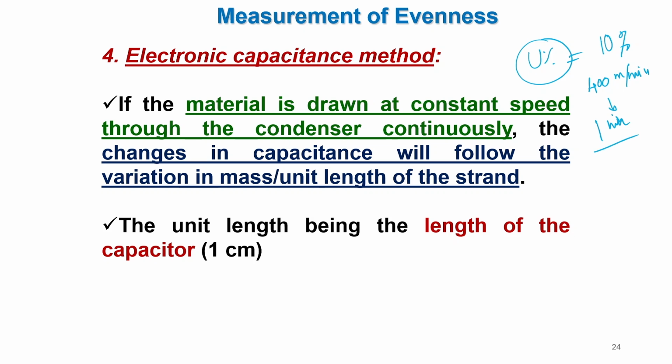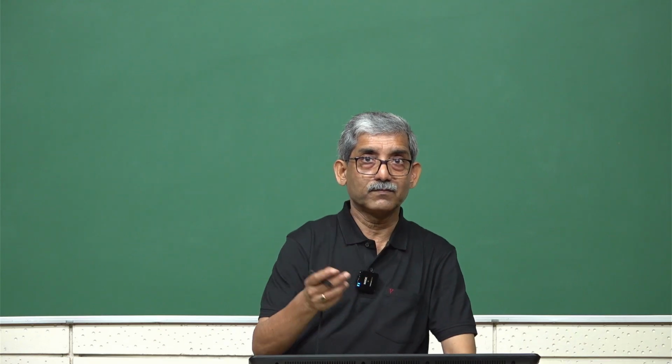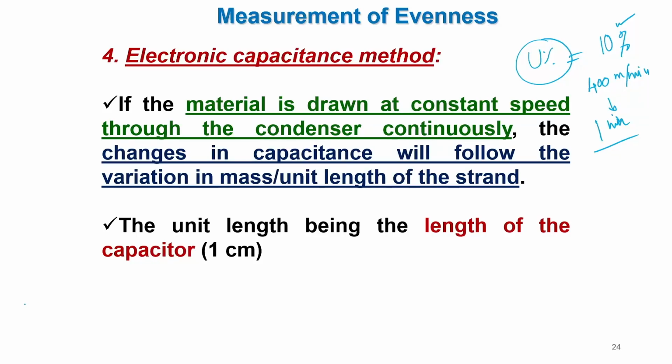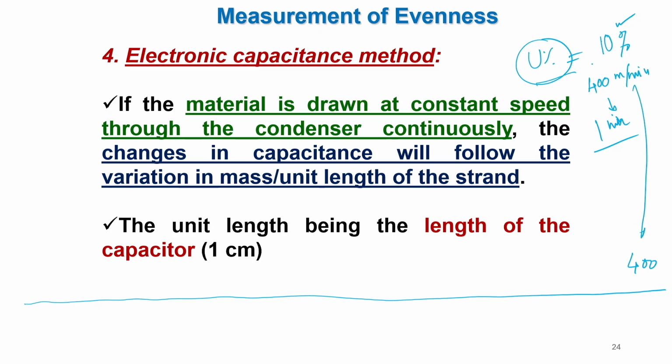And what does it mean physically? 10% U%. Physically, if we try to understand, suppose we have a sliver or yarn of say 400 meter. The same 400 meter is given to me. After testing, the machine is showing 10%.